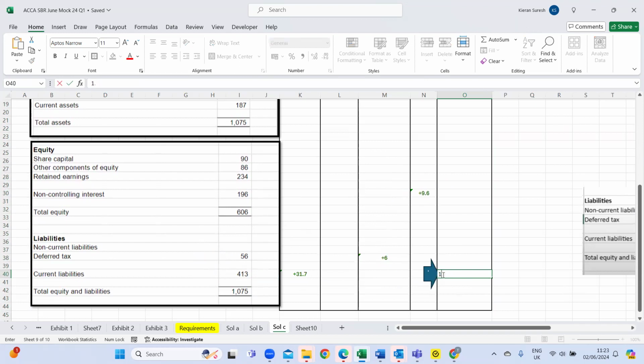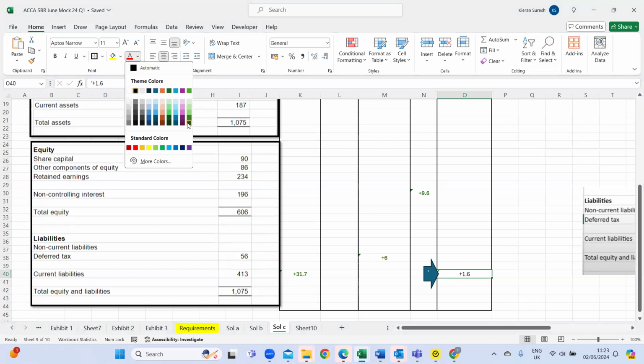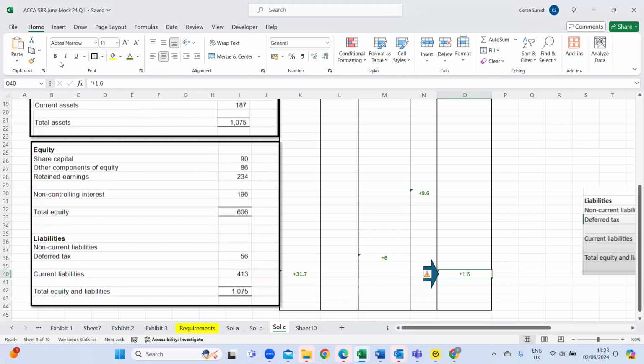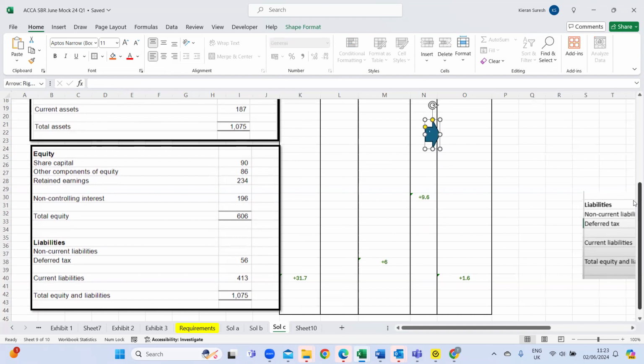So I put a positive 1.6. This has been increased by 1.6. That has been done, right? And the next part is that when you increase the deferred consideration, now it's a reporting date, so nothing to do with the goodwill anymore, right?